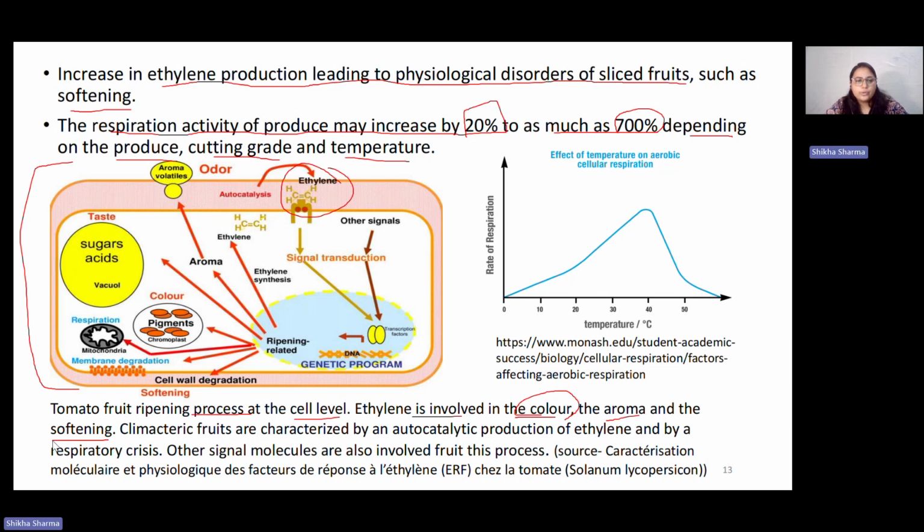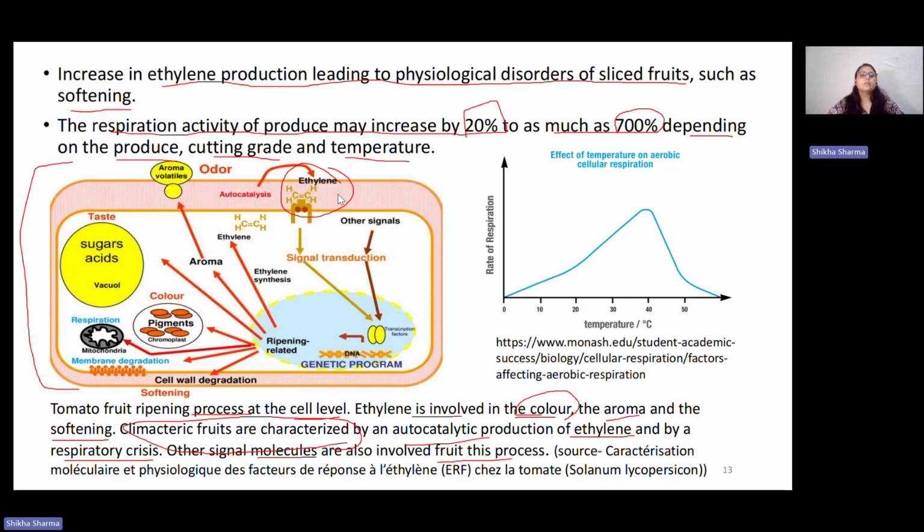this tomato fruit. The climacteric fruits, like tomato and apple, are basically characterized by an autocatalytic production of ethylene and by a respiratory crisis. Other signal molecules are also involved in this process.